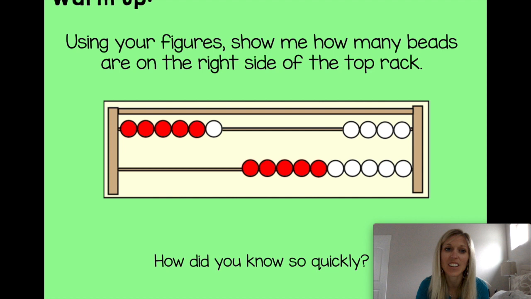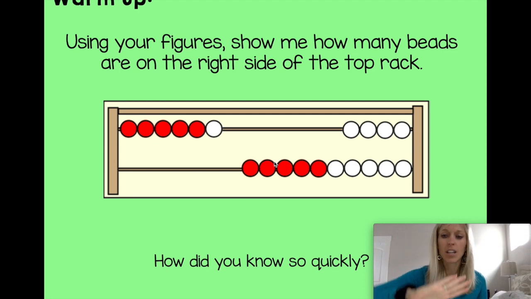Okay, let's look at the next one. How many are on the left over here? How many? 6. So how many are on the right, just on the top? This one says on the right of the top of the number rack. Let's look and see how many are over here on the right.